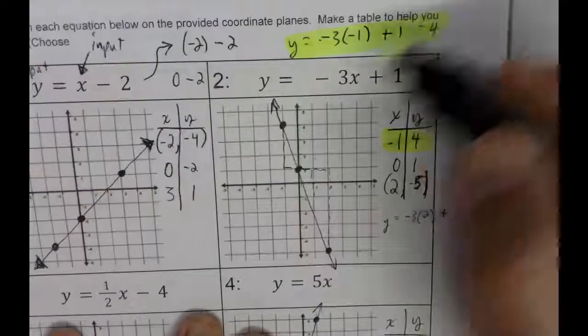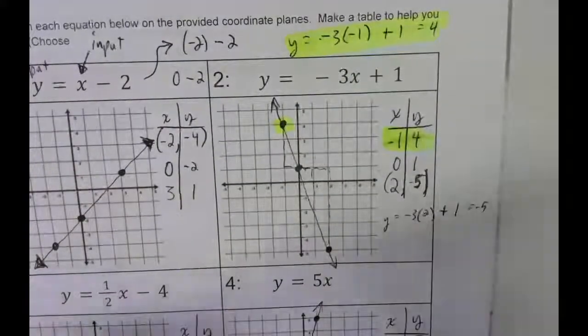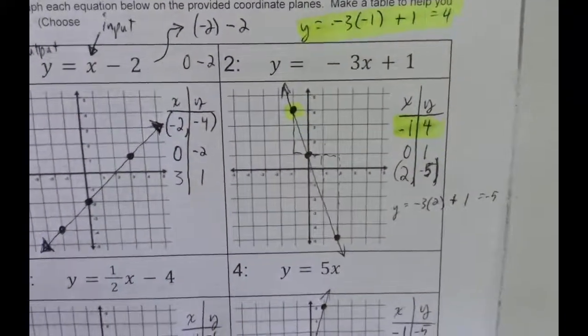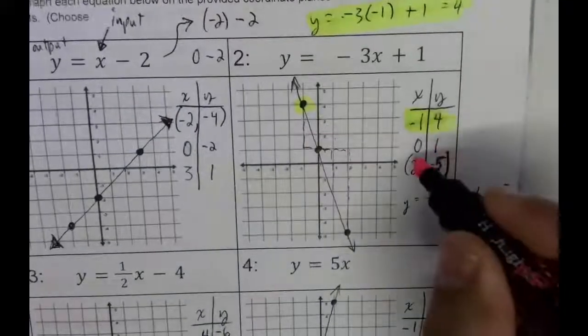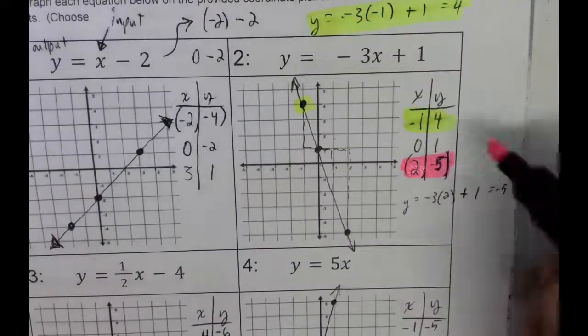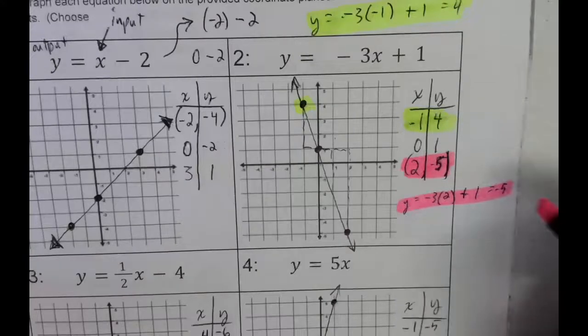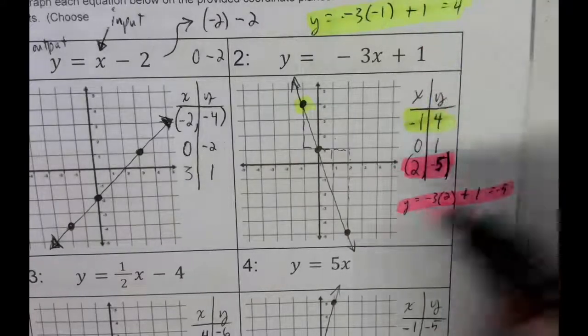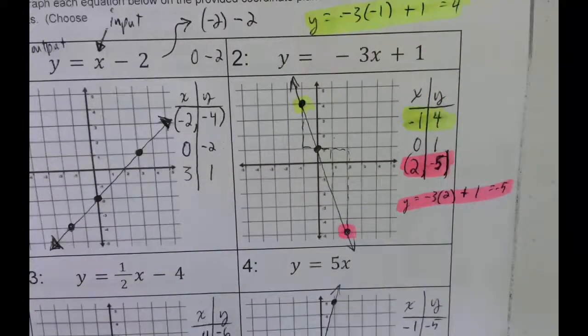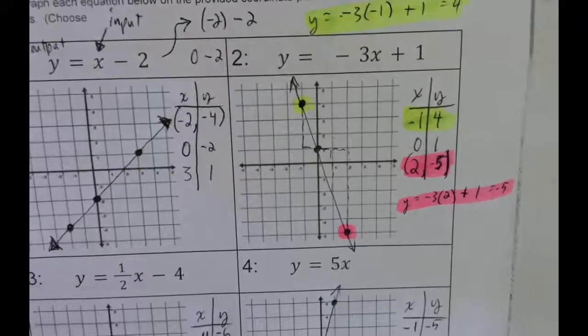And then from there we could plot it as a point right there. Likewise, this particular pair came from substituting in 2 for x, getting 5 as an output, negative 4, and plotting that point.